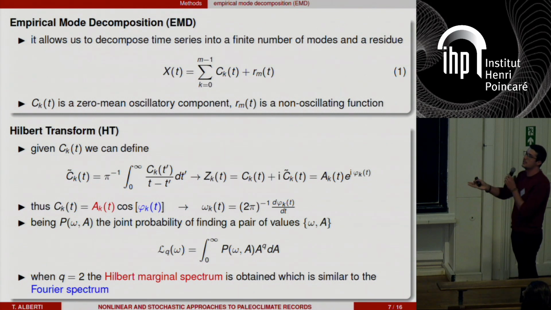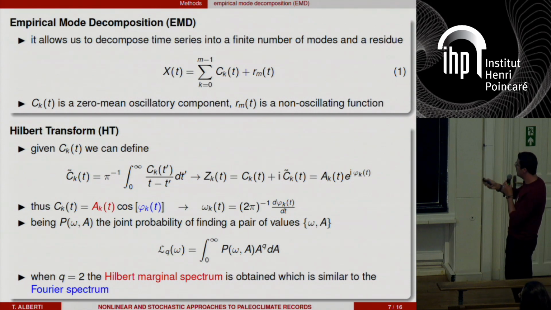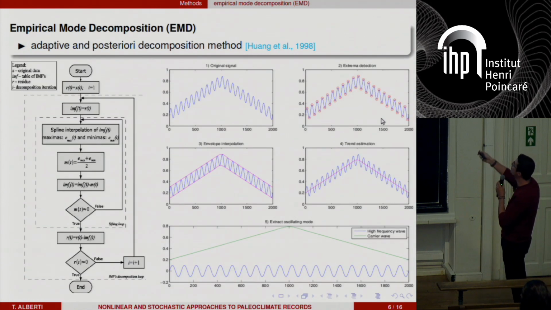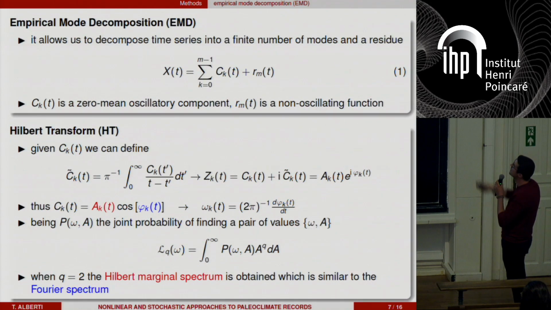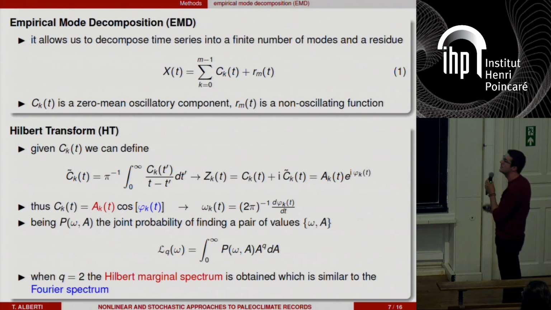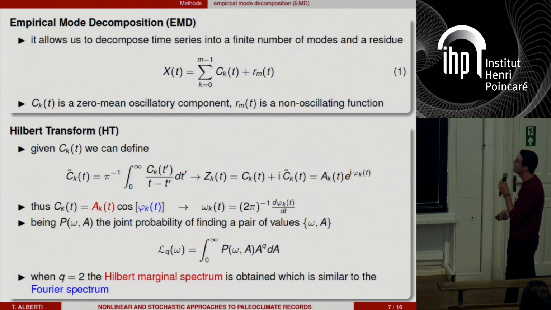Another is that the local average must be zero. So you need to iterate this procedure to obtain the different oscillating components. In this case you can write your time series as a sum of a finite number of empirical modes, or intrinsic mode functions, plus a residue of the decomposition, which is a non-oscillating function.